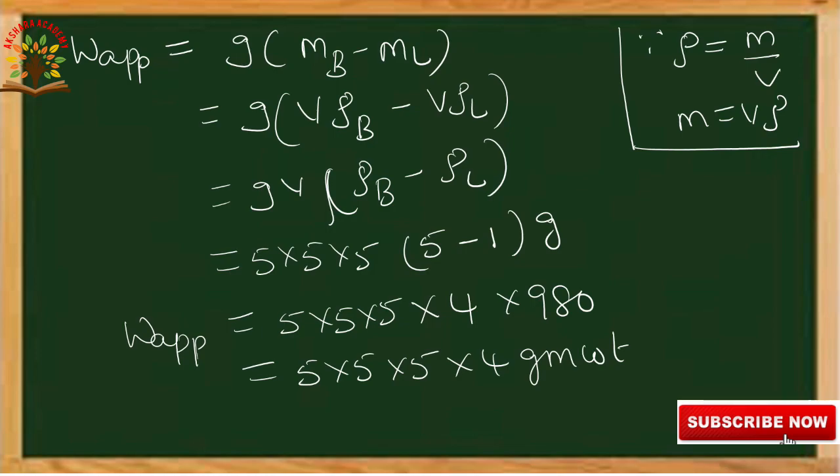This is the final answer: apparent weight is equal to 5 into 5 into 5 into 4 gram weight.